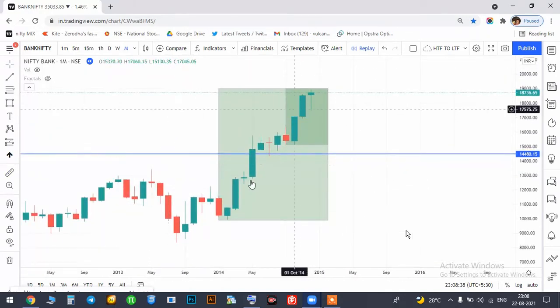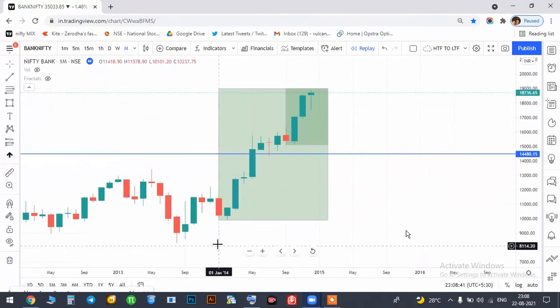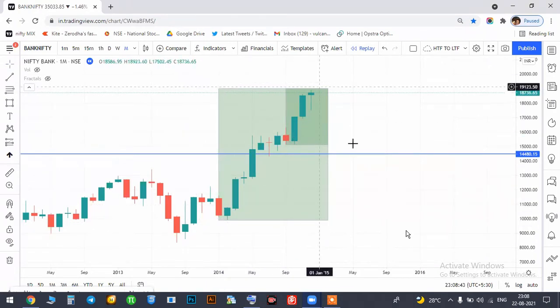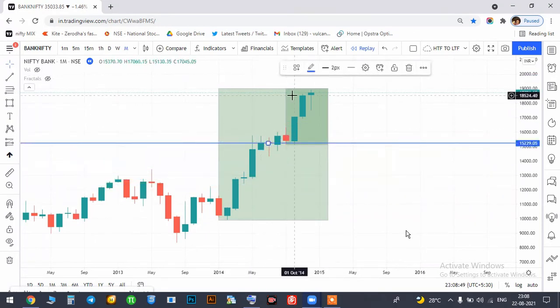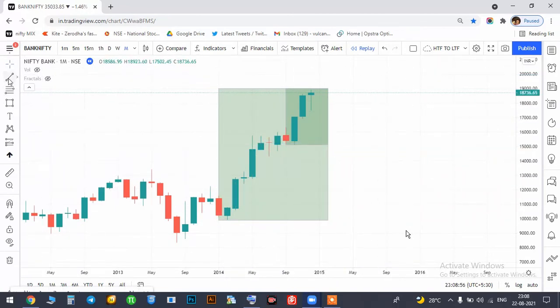I don't know what will happen, so I will just keep expanding my 50. This 50 first was here because I didn't know this move would happen. Then this move happened, so I will again measure my 50. I am waiting for the retracement. You understand this or not? This is important.